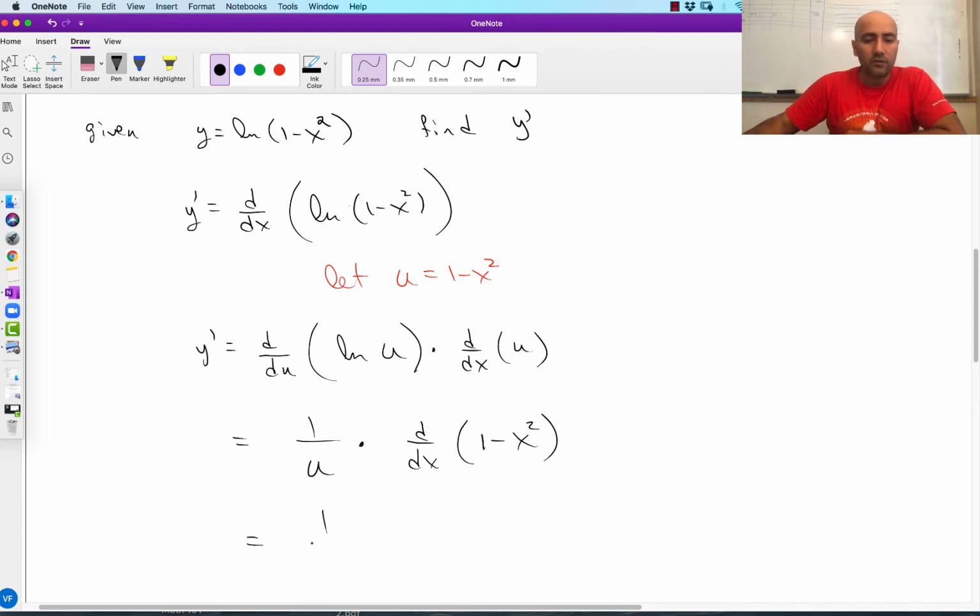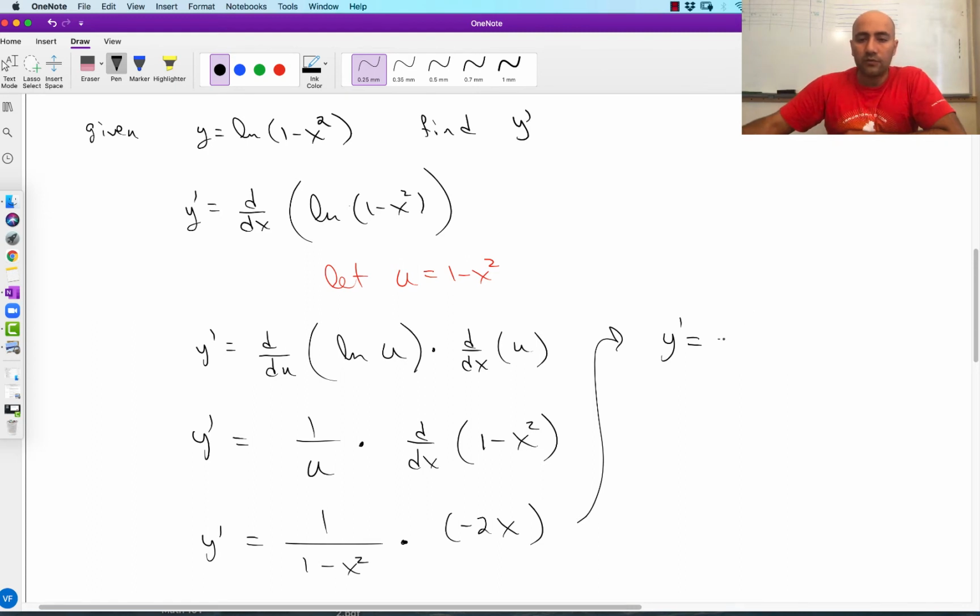So this is going to be equal to 1 over u, which is 1 minus x squared, times negative 2x to the power of 1. And so we've arrived at our final answer. Y prime, the derivative, is going to be equal to this big fraction where we have a negative 2x in the numerator and a 1 minus x squared in the denominator.